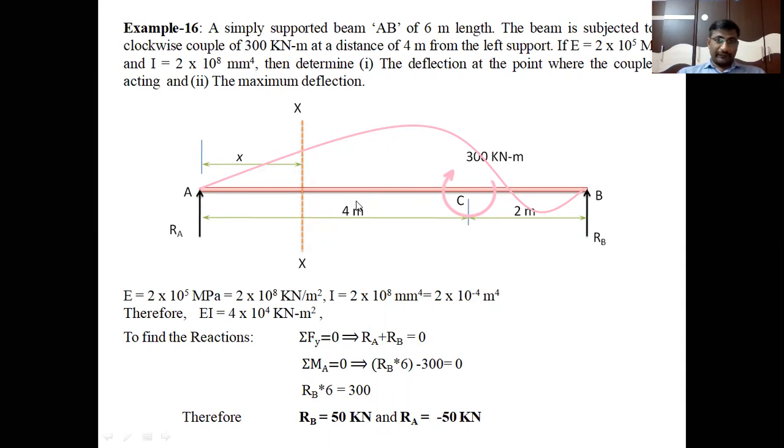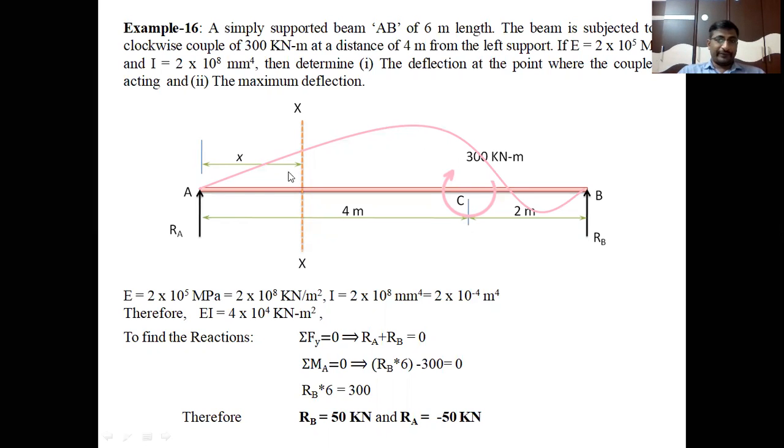So whenever the couple is acting at a point like this, the beam deflects like this. The upward deflection, and then towards B, it is downward deflection like this. The beam twists like this if we apply the couple at a certain point. If a beam twists, the left hand side portion goes upwards and the right hand portion goes downward.